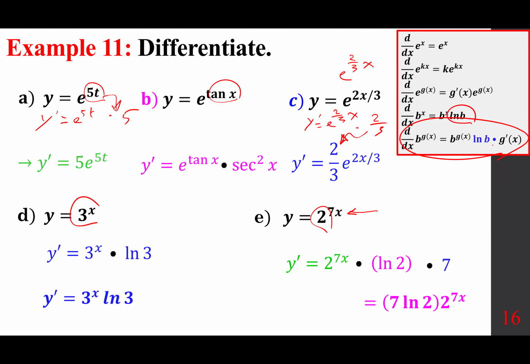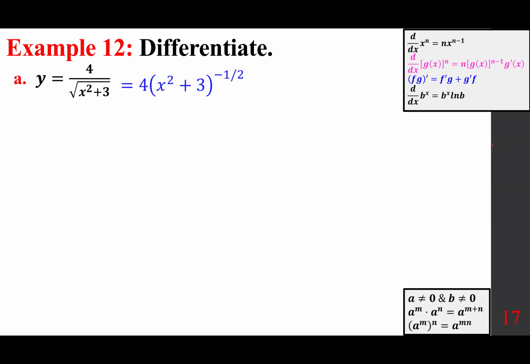But I differentiate this, and notice the numerator is just a number. So x squared plus 3 to the power of 1/2, bring it up, becomes negative 1/2. And now to differentiate this, we start with 4 times negative 1/2 times the same thing to the power of subtract 1, negative 3/2 in essence.